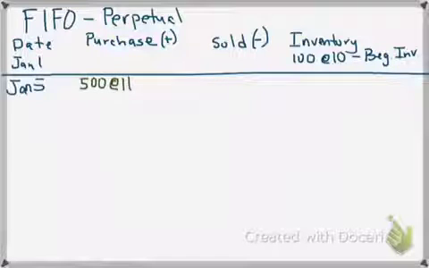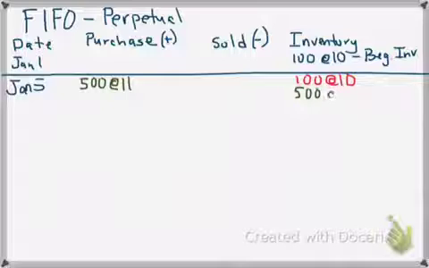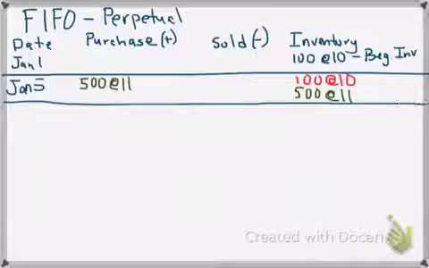So that's going to be added to our other inventory. What we will have is 100 units at $10, that was our beginning inventory. We are going to add to that these 500 units at $11. Now that is our inventory as of January the 5th.